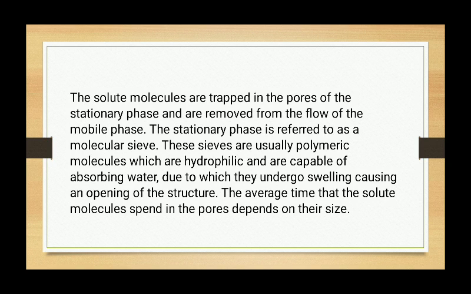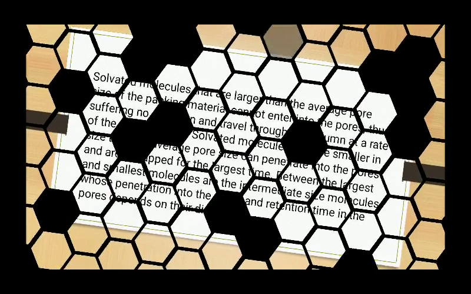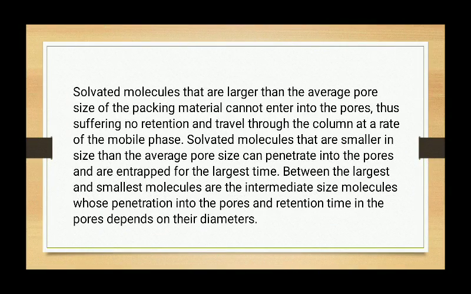The average time that a solid molecule spends in the pore depends on its size. Solvated molecules that are larger than the average pore size of the packing material cannot enter into the pores, thus suffering no retention and travel through the column at the rate of the mobile phase.